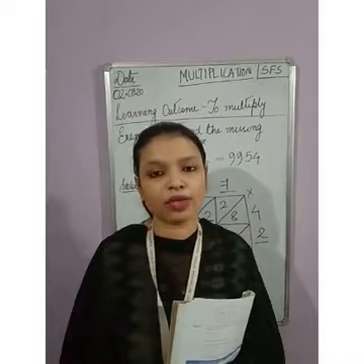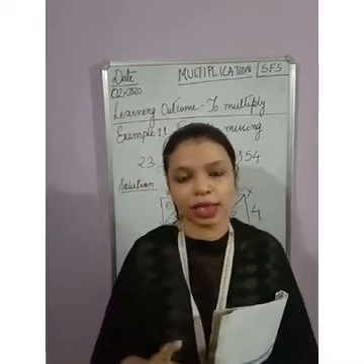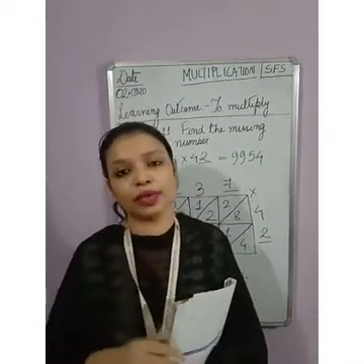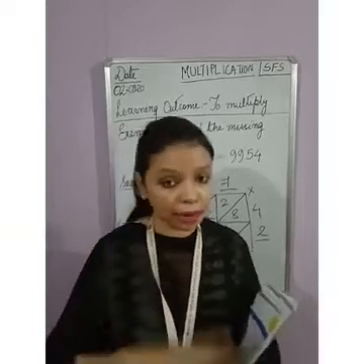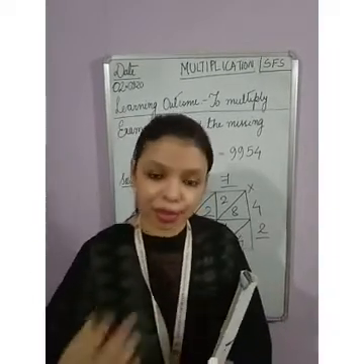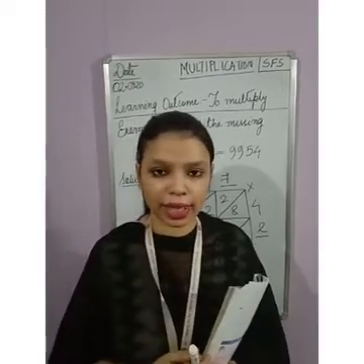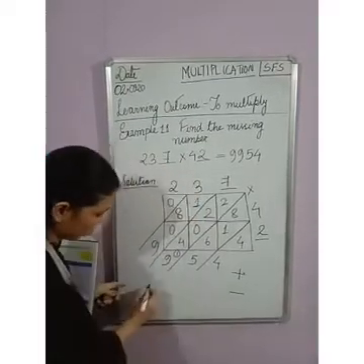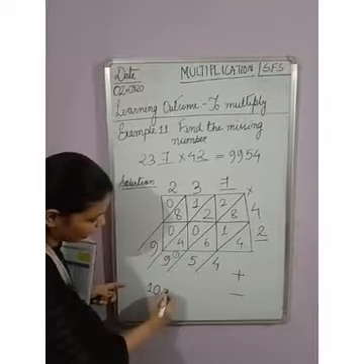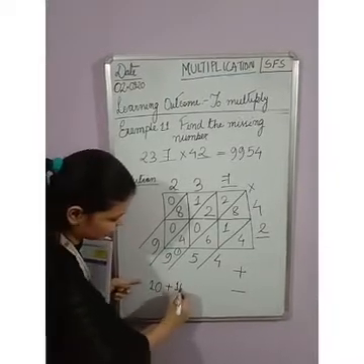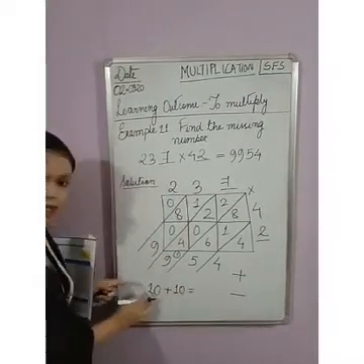And then we have learned one new thing: when we add a number to the same number, the number increases and the answer becomes twice that number. Suppose I take 10, I am saying again 10, and then I add 10 to it.